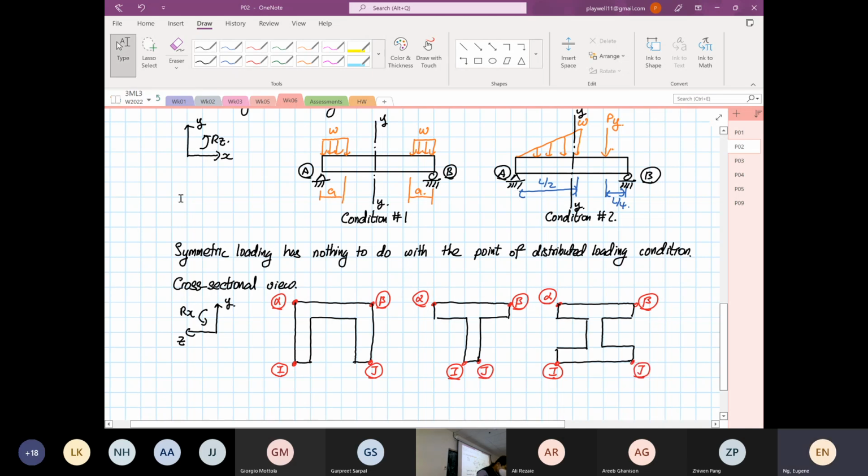Then I'm going to sketch the centroid. All of them have a moment applied in the Z direction, because all of them have only a moment in one direction.